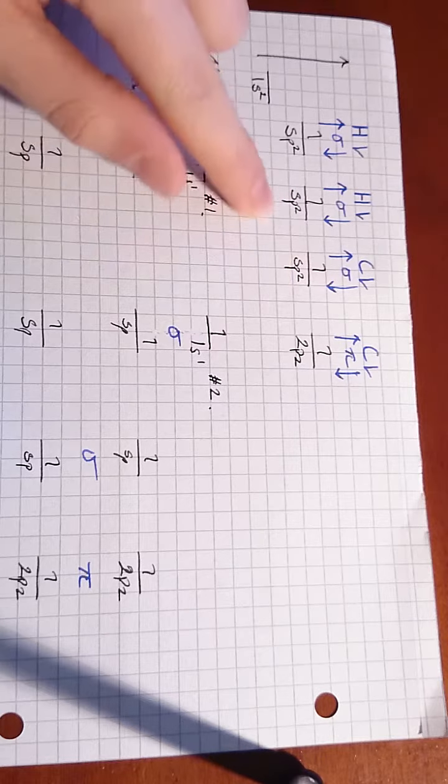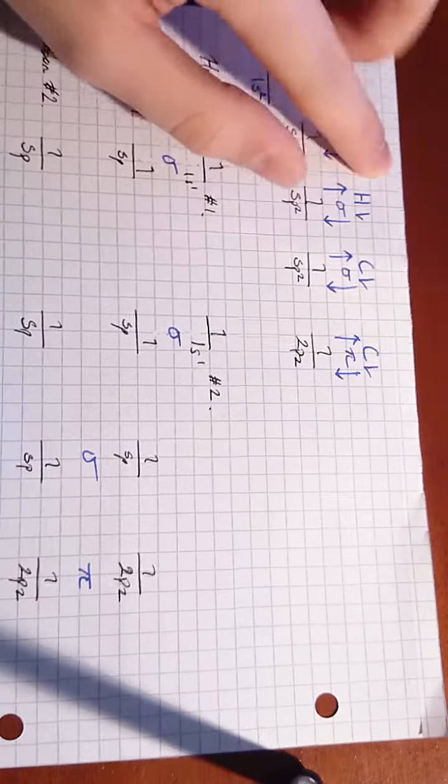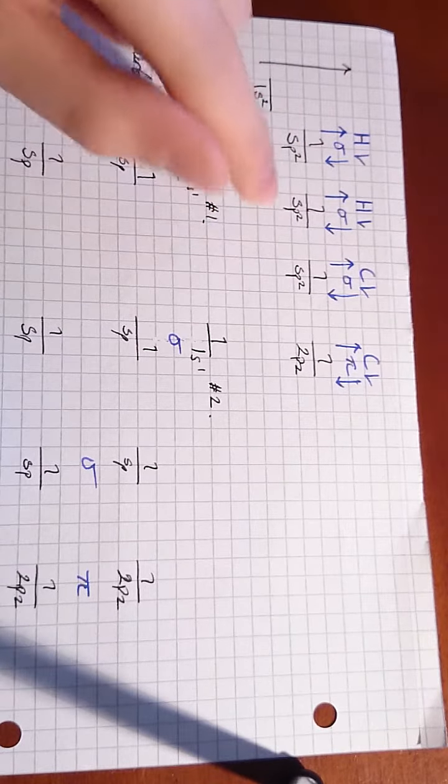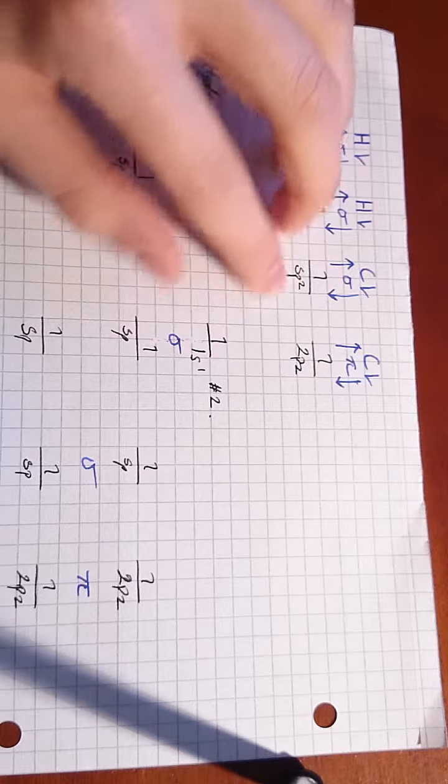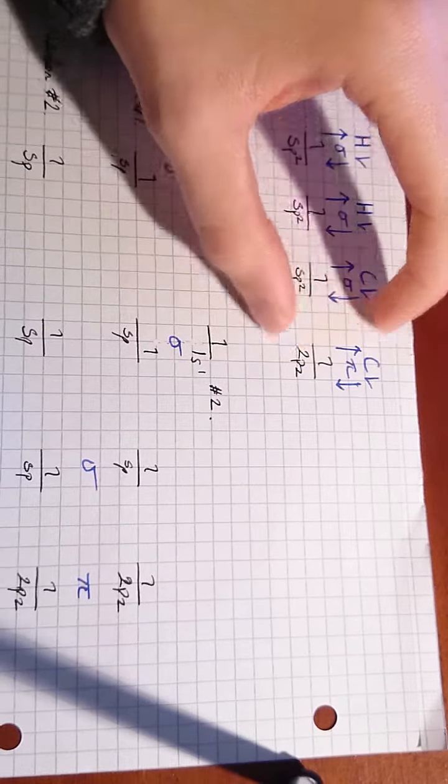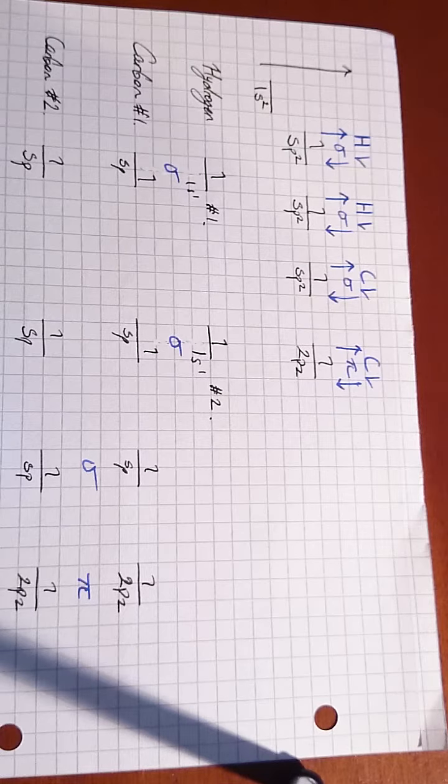And then the remaining sp2 hybrid orbitals will sigma bond because they can only sigma bond. Hybrid orbitals can't form pi bonds. Only unhybridized orbitals can form pi bonds.